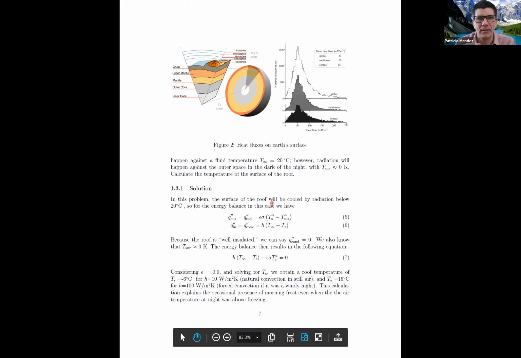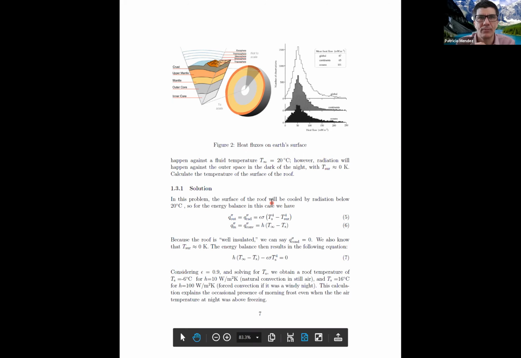In the middle of the night, if you have a summer night and it's 20 degrees outside, the roof is losing energy by radiation to outer space, and is not getting any energy from inside the house because it's insulated. But if the roof loses energy to 0 Kelvin, it's going to get colder and colder and colder.